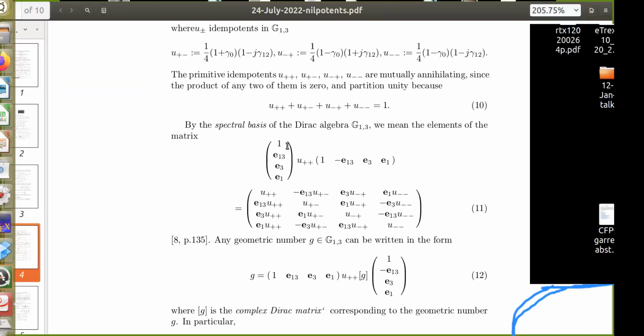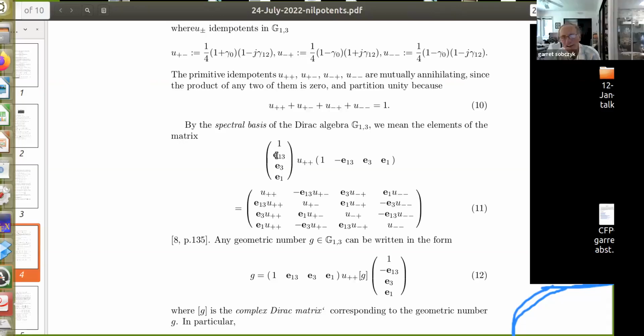It always has this form, but in the case of the Dirac algebra, there's something else going on here, right? Because you have E13 occurring with a minus sign. Well, if it was 1, then it would be E13 is minus E31. Okay.